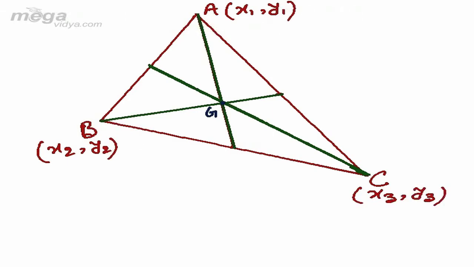According to the definition, the centroid is the point of intersection of the three medians. Suppose this point is named D, so AD is a median of the triangle. It means AD divides the side BC into two equal halves.